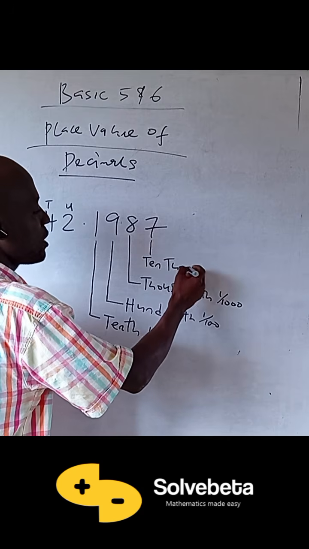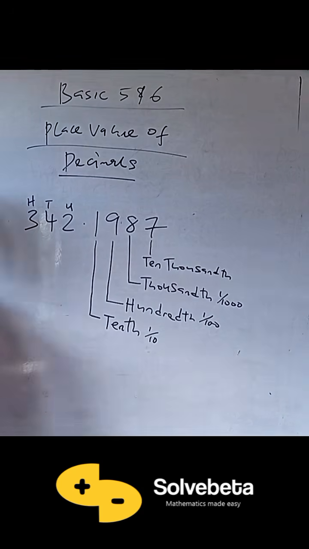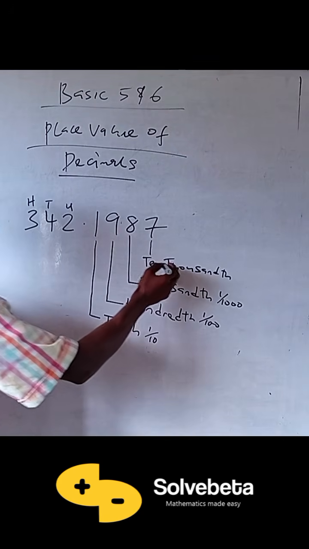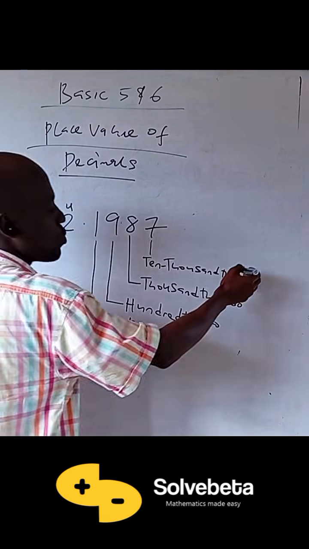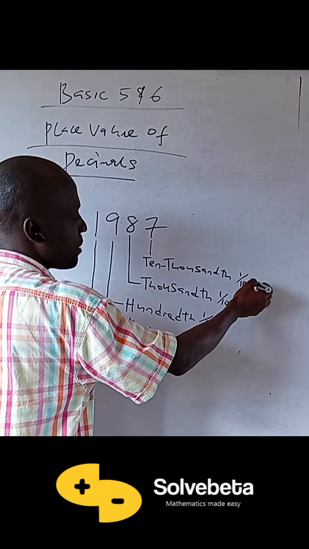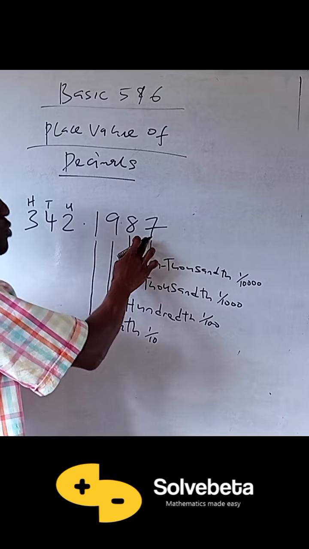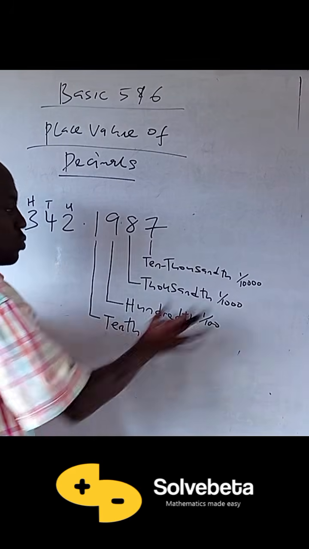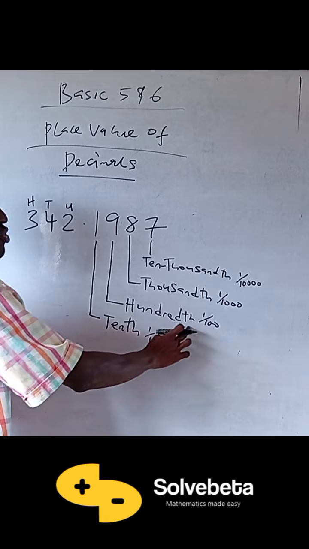After thousandths you have ten-thousandths. Please, it's not ten thousand, it's ten-thousandths, which is 1 divided by 10,000. So if I'm to explain, this is 1 over 10. This is 9 over 100.